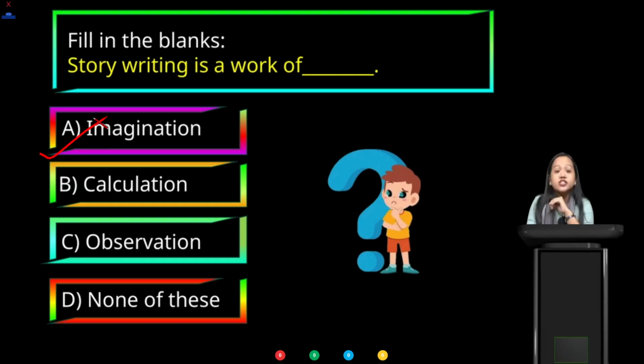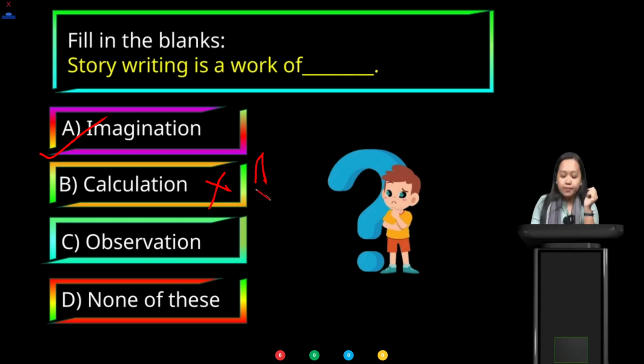Time up. So my dear students, the correct answer is what? Imagination. What did we just learn? What are stories? The ones which are fiction, not real. Imagination, whatever is in your mind, the story which we form in our mind, that is what story writing is, a work of imagination.